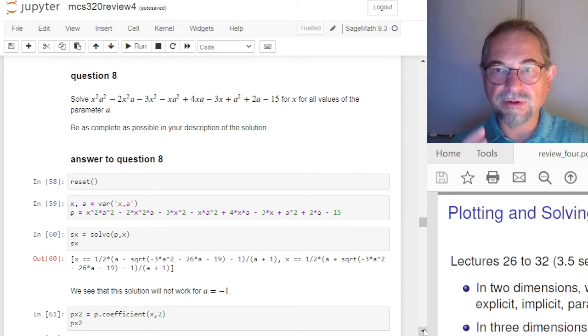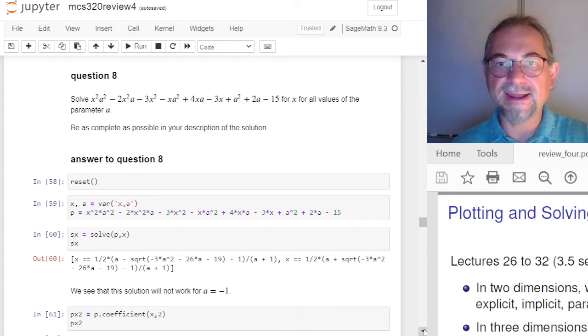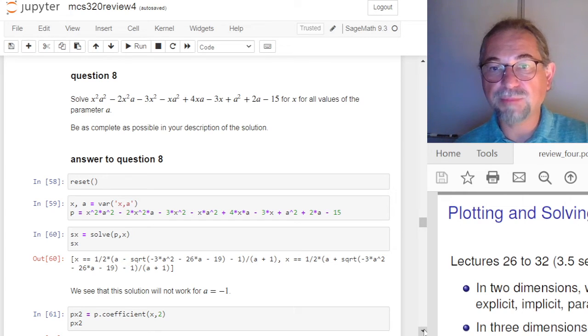But group the coefficients along x or along a. So first we actually solve this for x, and then we find a symbolic expression, because it's a quadratic form, but you have to observe that the a plus 1 is in the denominator.